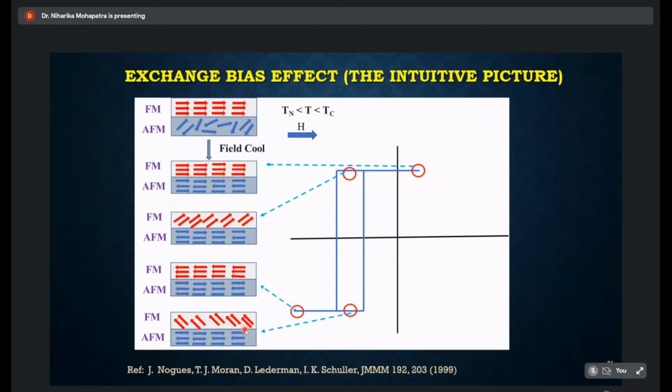They need less energy to rotate because of the exchange coupling between the antiferromagnet and the ferromagnetic layers. So this is a picture of why we find the exchange bias effect and how we understand it.